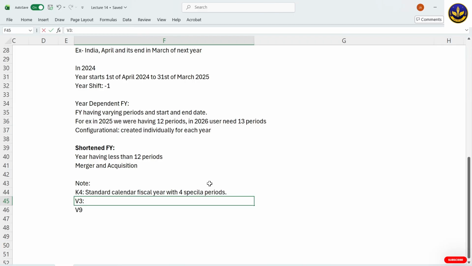So it is basically a calendar year with, let me correct it, four special periods.